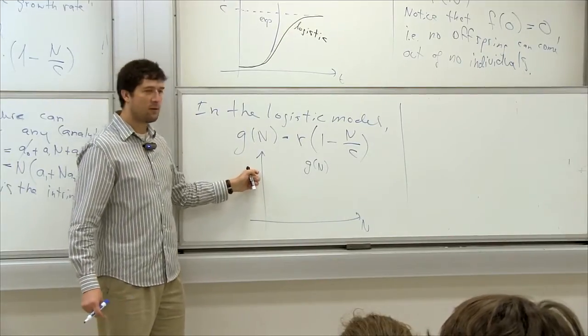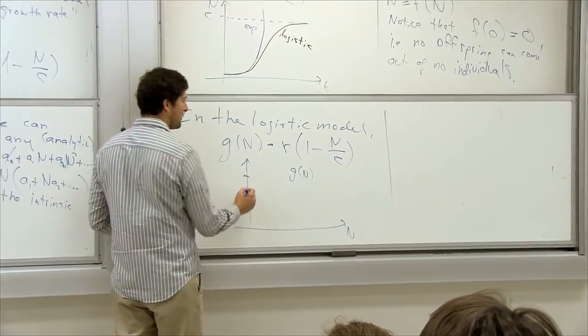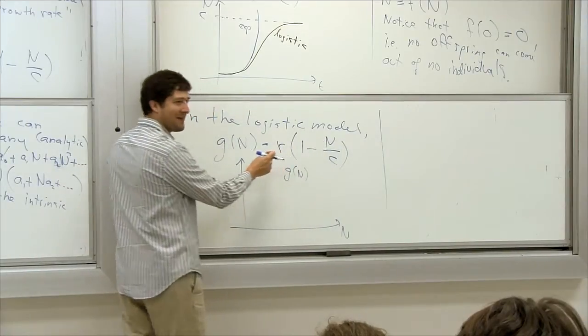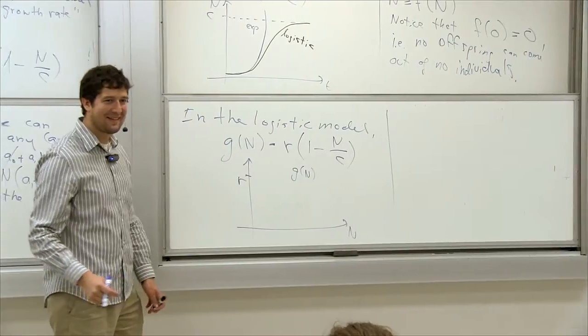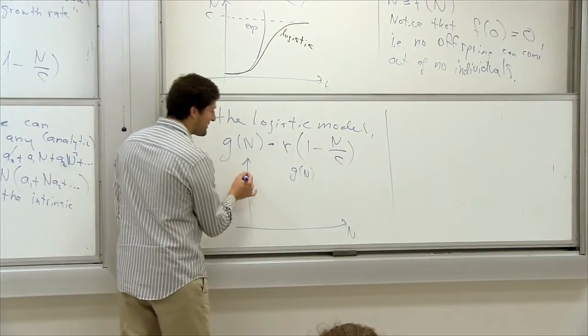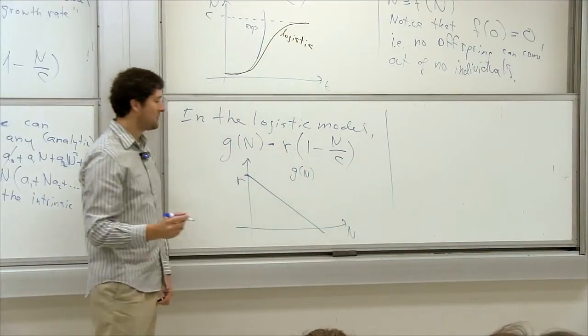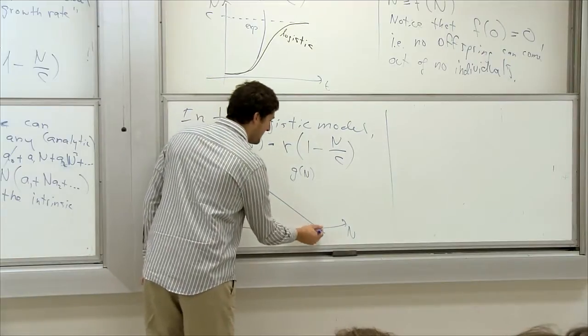It starts out where? When n is equal to 0, right? Starts at r. Okay, and it starts going down, right? Okay, and where does it become 0? Krista? Negative r over c.